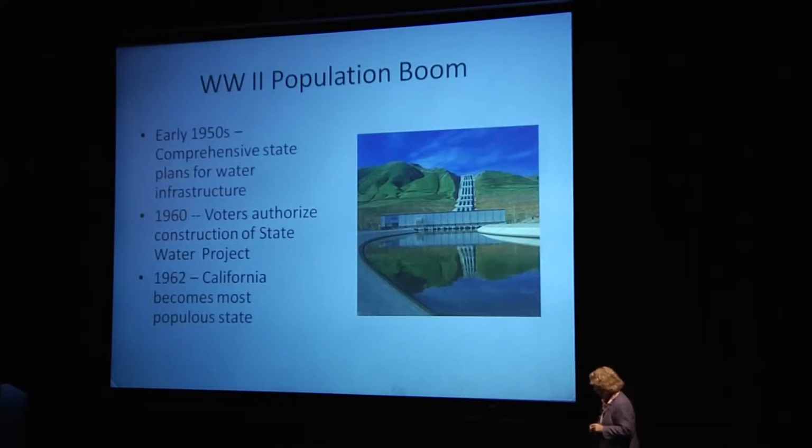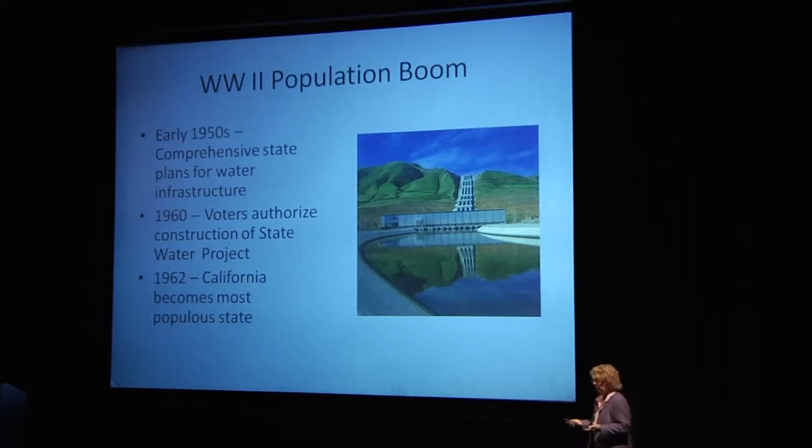Now, something that was very apparent in the California political thought process as World War II was going on and drawing to a close was that California's population was absolutely mushrooming. In fact, the legislature held a whole series of hearings in the '41, '42, '43 timeframe, talking about what we are going to do when the war ends and all these people are going to want to live in California.